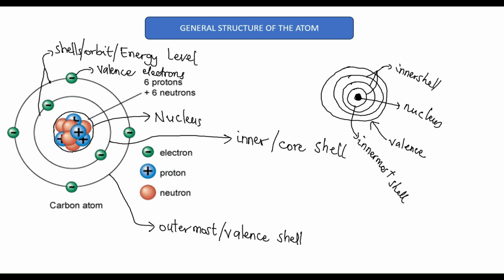All the electrons that are not on the outermost shell are called core electrons. The ones that are on the outermost shell, we call valence electrons or outermost electrons.